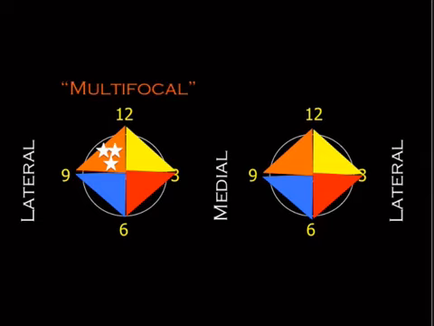Multicentric breast cancer is defined as the presence of two or more tumor foci within different quadrants. So centric, different quadrants; focal, they're in the same focal area. So greater than 5 centimeters apart.